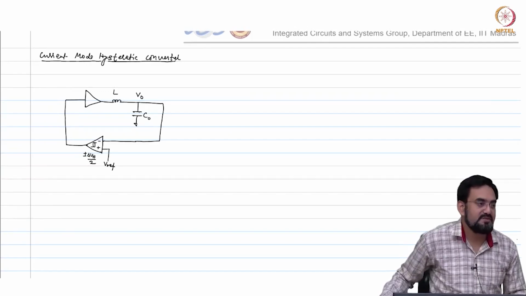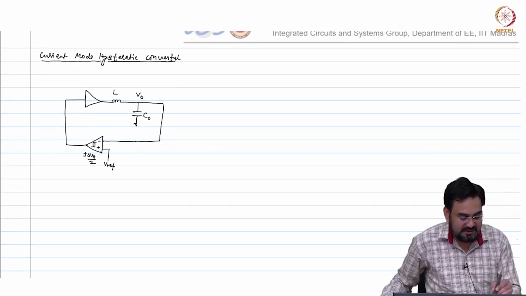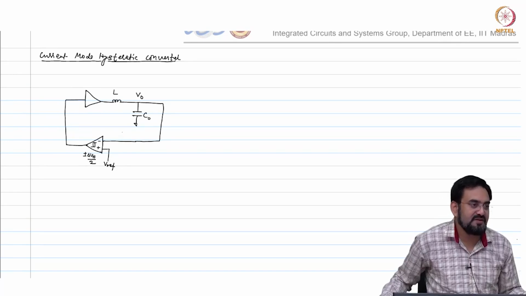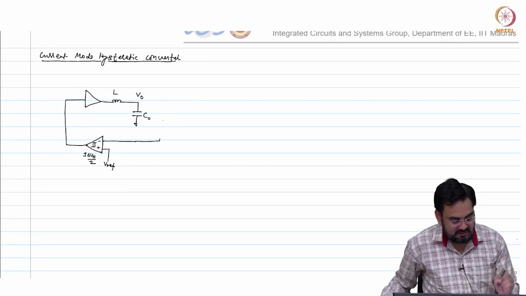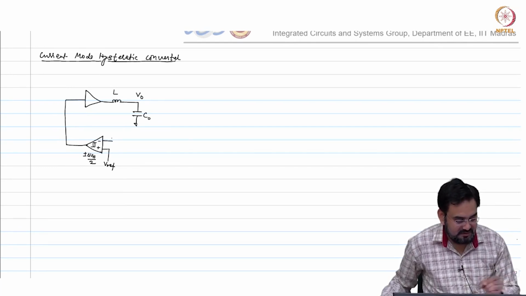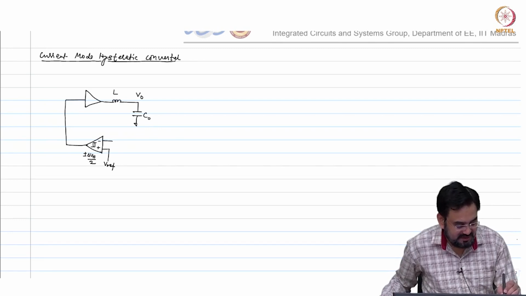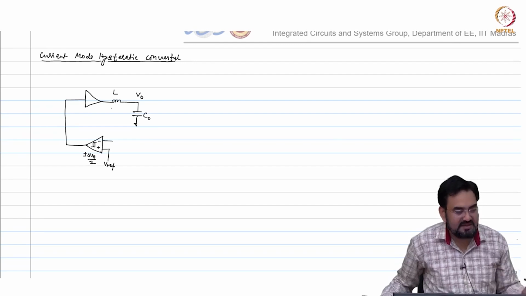So this was our voltage mode. Now instead of feeding this, we want to feed the inductor current. So I will just remove this, which means I need to sense this current. So how can I sense this current?